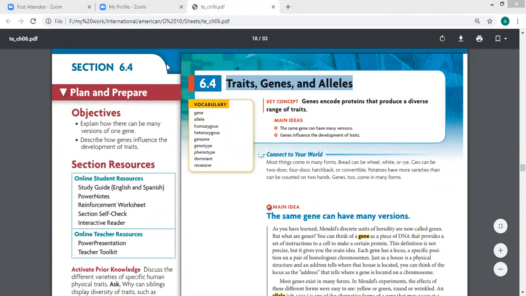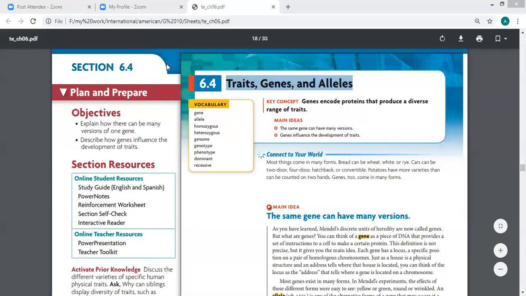I want you to identify and differentiate between them, because next year, inshallah, in grade 11, there is no biology. So I want you to be ready for grade 12 if you will take SAT 2.